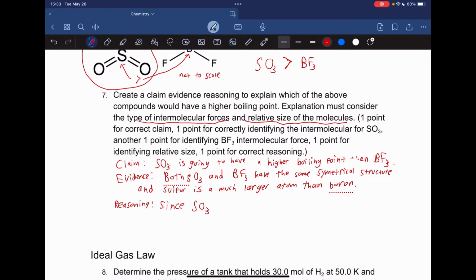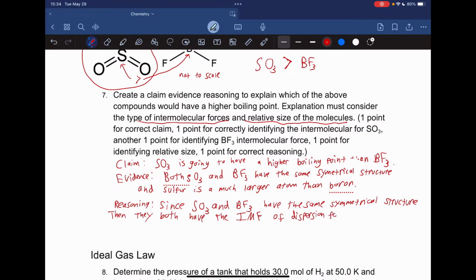Since sulfur trioxide and boron trifluoride have the same symmetrical structure, then they both have the intermolecular force, IMF for short, of dispersion forces.